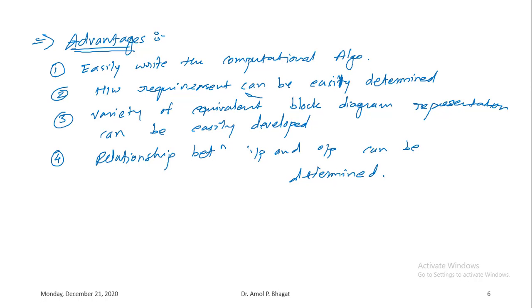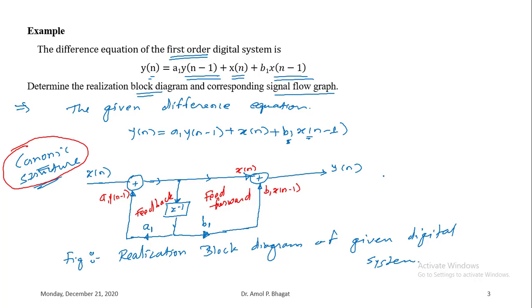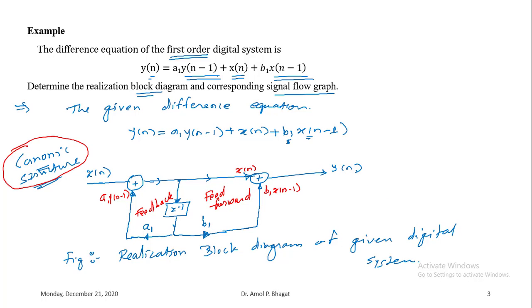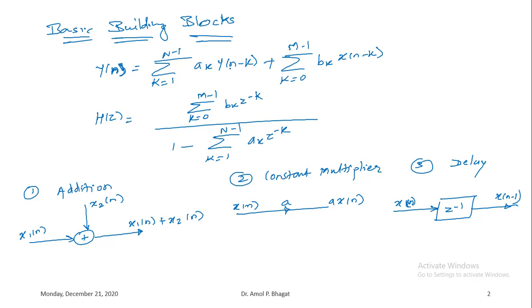In today's session, we have seen how to realize the given system by using these basic building blocks, that is addition, multiplication and delay elements. Only these three basic building blocks are required for realization of any IIR or FIR system. We also saw why these constants, that is a1 and b1, or ak and bk, are called feedback and feed forward coefficients.